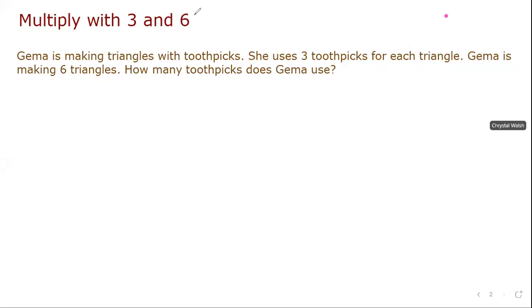Let's start by noting the important information. We know she's making triangles. She uses 3 toothpicks in each triangle. Gemma is making 6 triangles. So I want to find out how many toothpicks Gemma uses. Let's start by writing a multiplication equation. Looking at the problem, what 2 numbers would I be multiplying together?